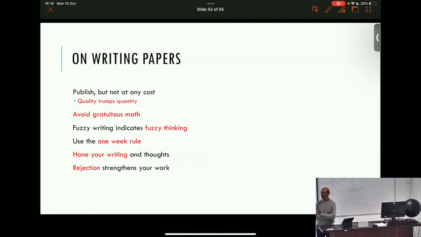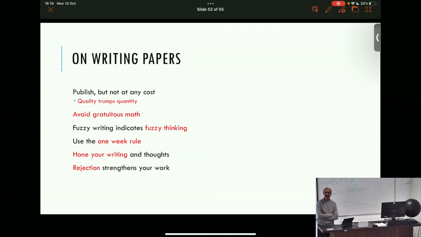Whenever I see a paper as a reviewer with a fancy script A equals the set of computers in my data center, I'm like, okay, the work is so bad, they have to pad it up with math. So that's gratuitous math.